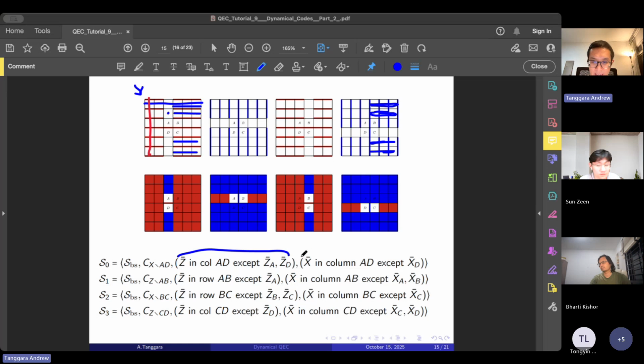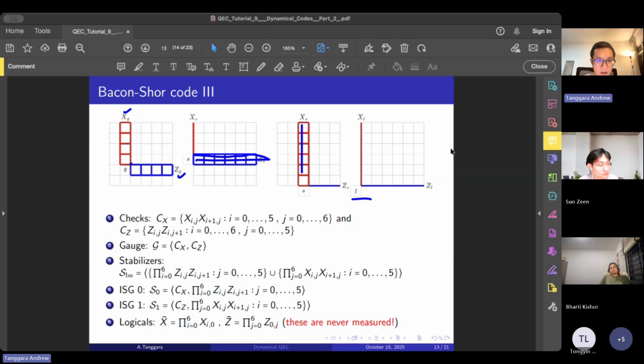I also fix these X gauges in this column AD. So I'm going to have this X gauge, this X gauge, except for the one in D. Because remember how we define this logical operator, the X gauge operator, it goes vertically.